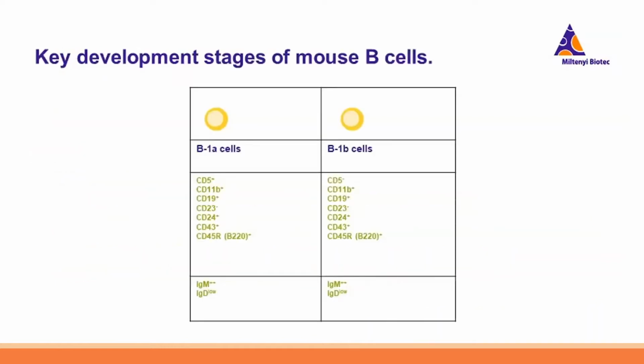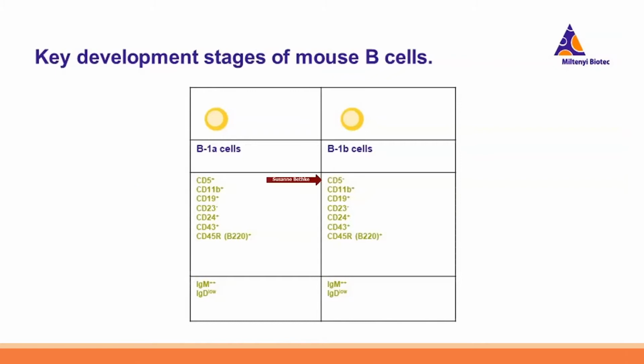Here we have an overview of how the B1A and B1B cells look in mouse. You see the main difference between those two cell types is that the B1A cells express CD5 as a marker and B1B cells do not.